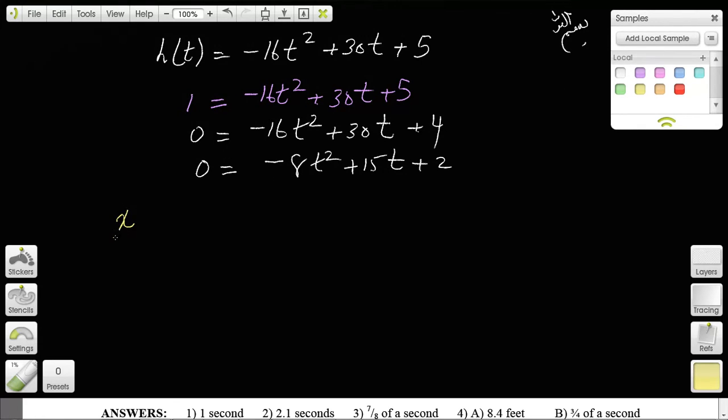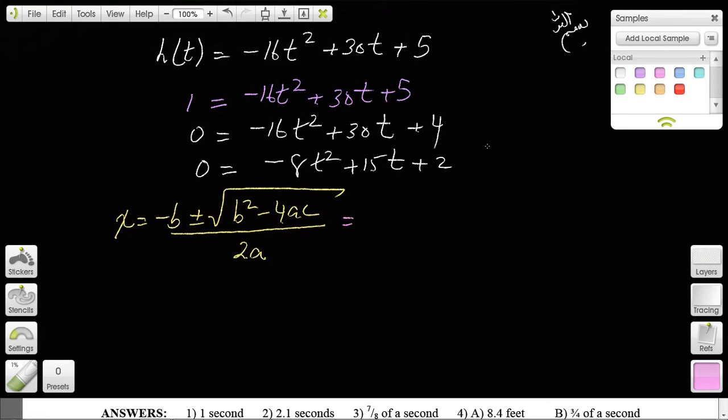I'm just going to use the quadratic formula here. Whenever I use the quadratic formula, I try to write the whole thing down because it reinforces the formula for myself. So the opposite of b is negative 15, plus or minus the square root of b squared, which is 15 squared, minus 4 times a.